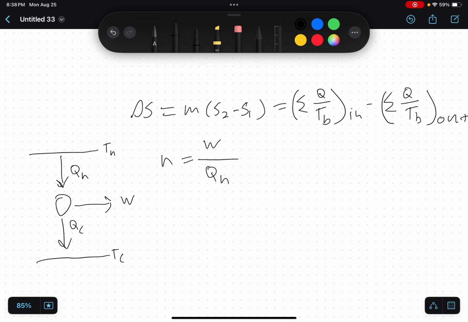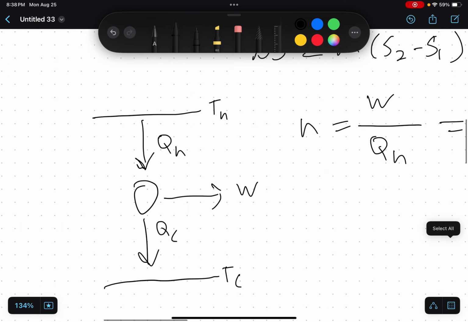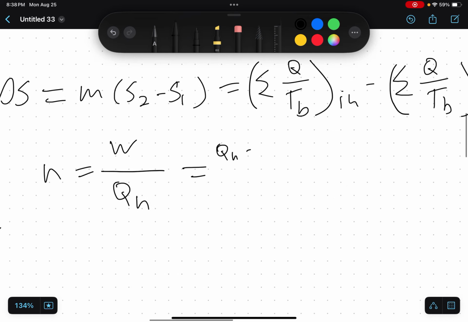Cool. And you can rewrite this as, so work is the difference of QH minus QC. So you can rewrite it, those cancel out.